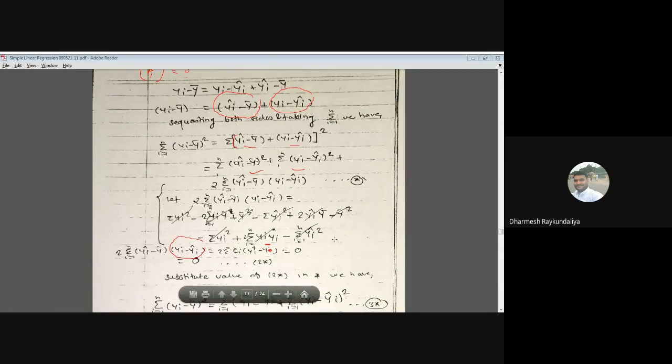We have already proved that the summation of ei yi cap is 0. The summation of ei yi is also 0. So ei yi cap, their summation is 0. Then for ei into y bar, if you take y bar outside, the summation of ei is 0, so that is also 0.